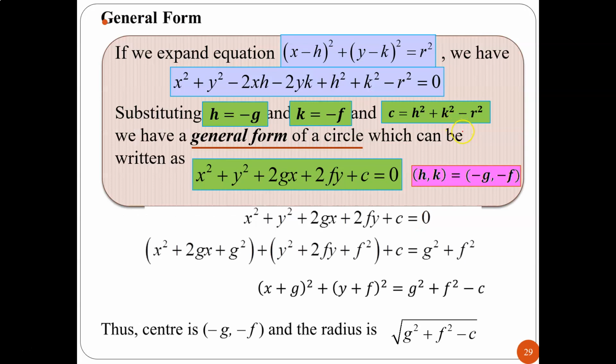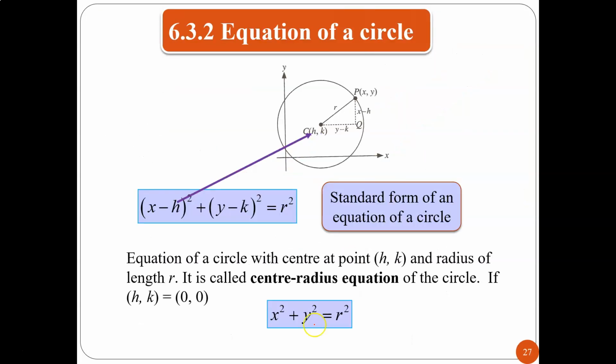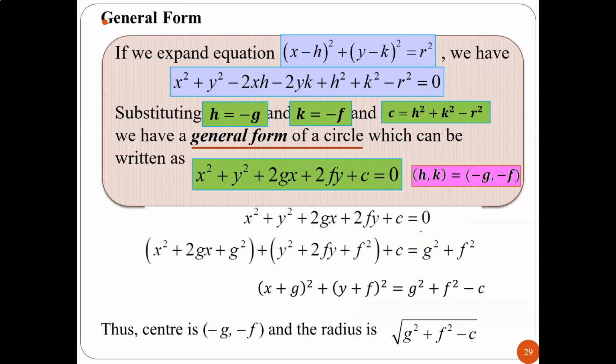Okay, previously we have learned about the standard form and also the center radius. This is the center radius and the standard form. Now we're going to learn about the general form of a circle. Okay, if we expand this equation, this is the standard form, right? The previous one. Kalau kita kembangkan dia, kita dapat ni yang panjang-panjang ni.